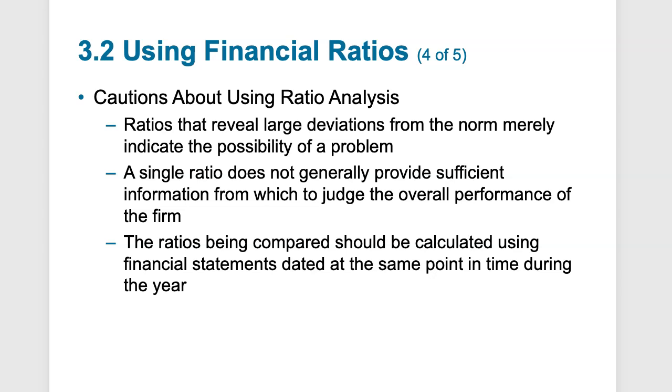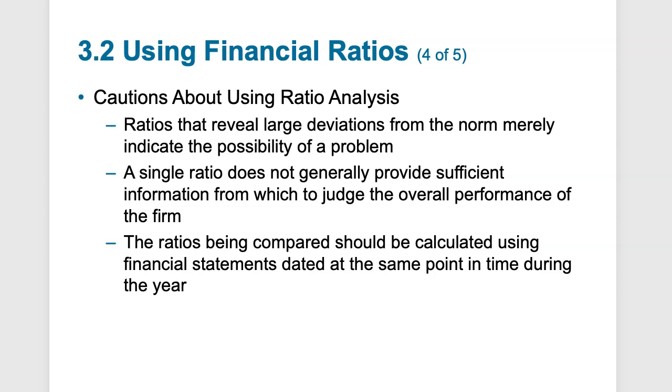Now, it's also important to have the correct period of time. So when we're looking at financial statements for the year, and we're comparing different companies, we want to have the time or the seasons aligned, or it could throw off some of the usefulness if the points in time that we're reviewing are way off. So of course we want to compare Walmart's 2019 financial ratios to Target's 2019 financial ratios.